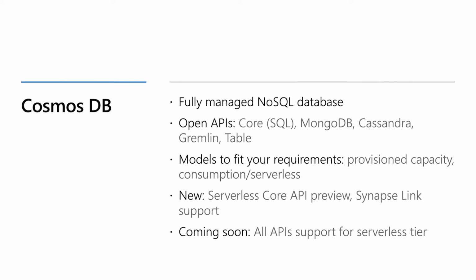Cosmos DB is a fully managed NoSQL database offering. It supports a wide range of APIs to fit your need, from SQL to Mongo, Cassandra, and so on. To run it, you can go with the provisioned capacity model, or alternatively, use serverless model that is now available in preview.